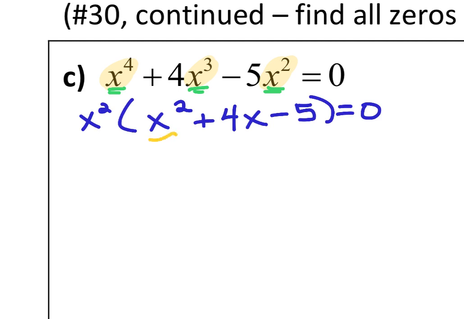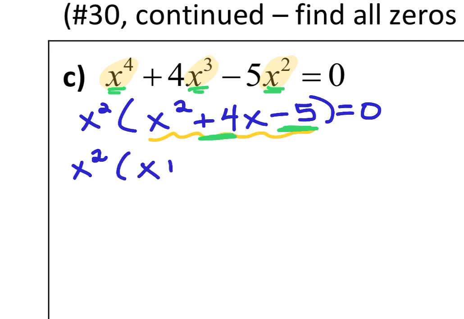And now I need to factor what's inside the parentheses. It can be factored further. Bring down the x squared that was your GCF in the first step. And then remember here that negative 5 is the answer to a multiplication problem, and positive 4 is the answer to an addition problem. So 2 numbers that multiply to negative 5 and add to positive 4 are positive 5 and negative 1.